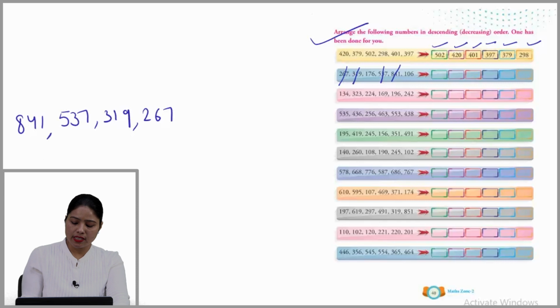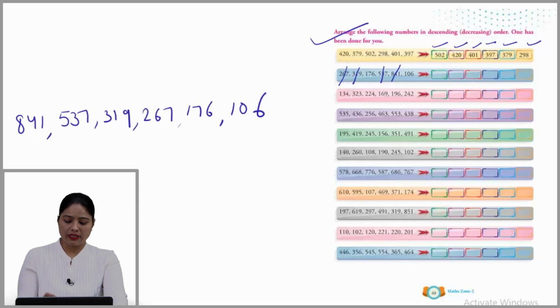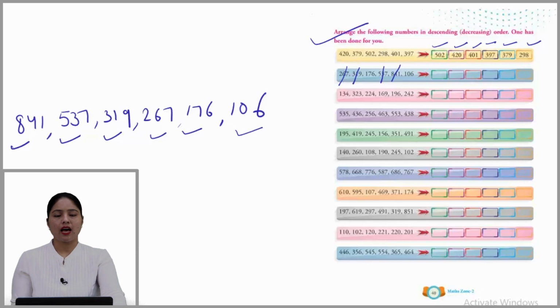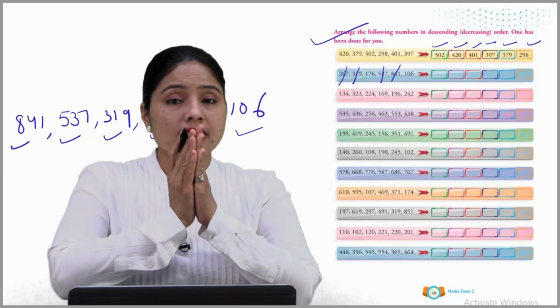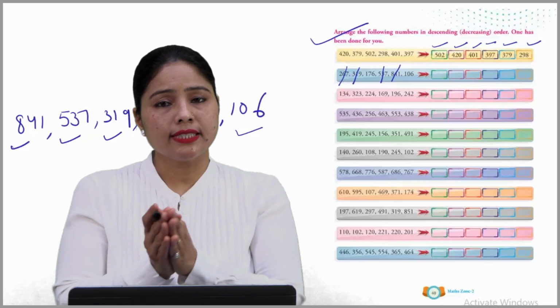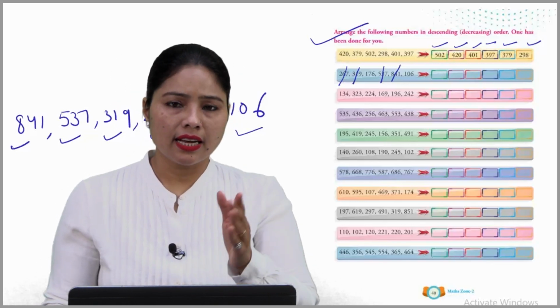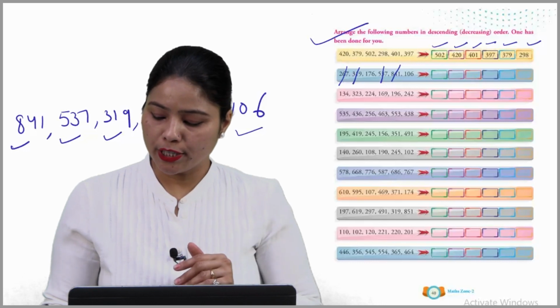So we know that 176 and at the last 106. So with this we have done 841, then 537, 319, 267, 176 and this is our 106. So this is how we do the descending or decreasing order beta. Okay, these are the other examples which you have to fill in on your own.